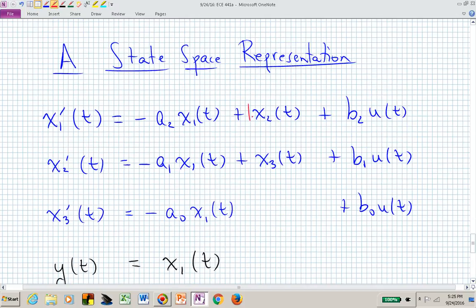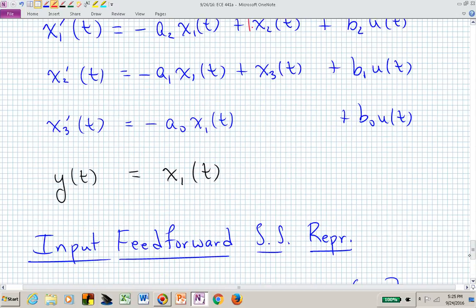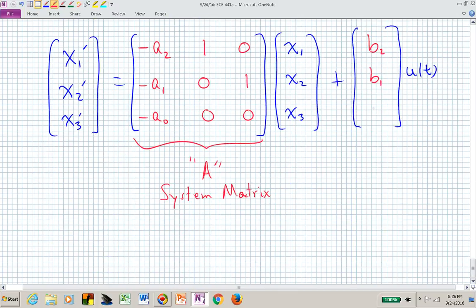Our last equation in the system dynamics is now minus a sub 0 x1, no x2, no x3. It does have a scaled input, which is b sub 0. And this is now our B matrix, and that we've called our input matrix.